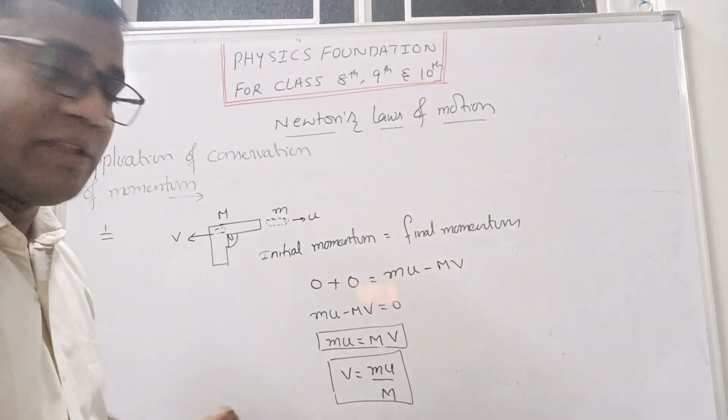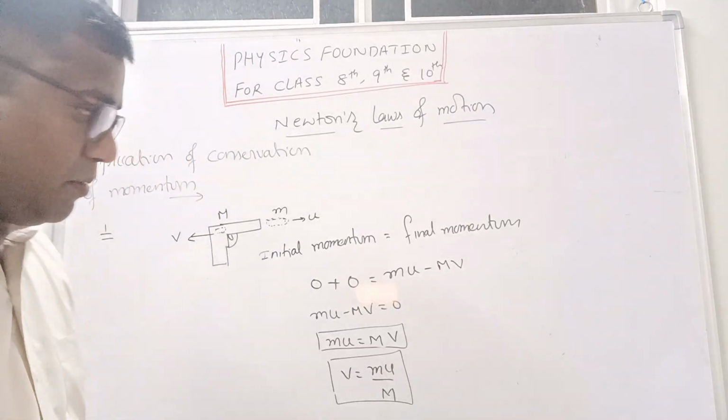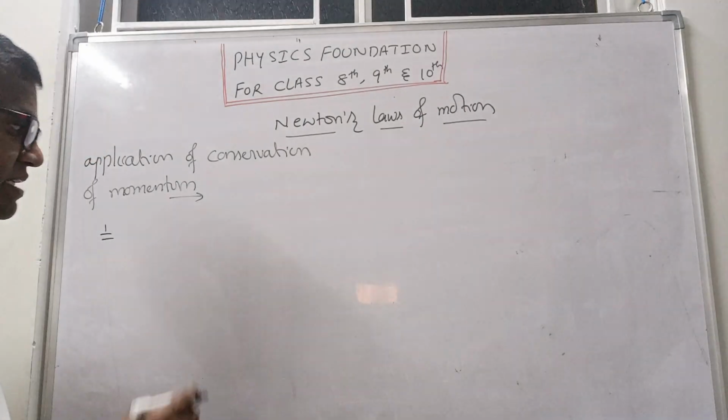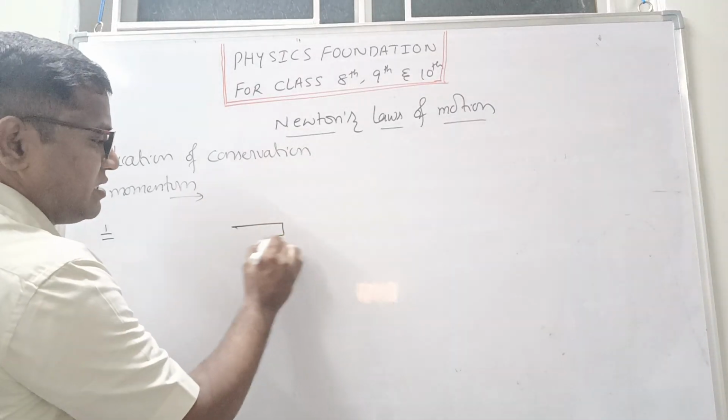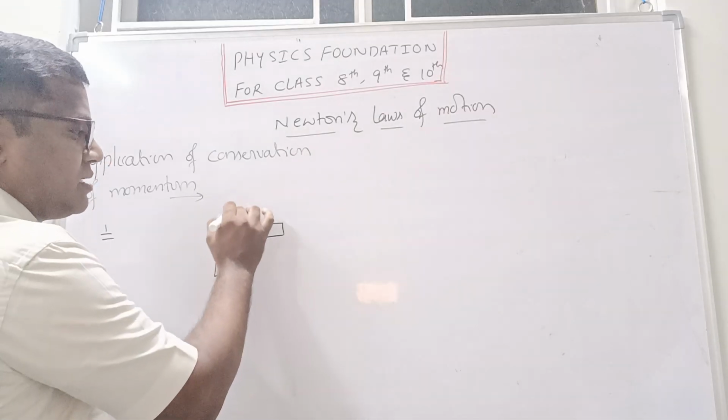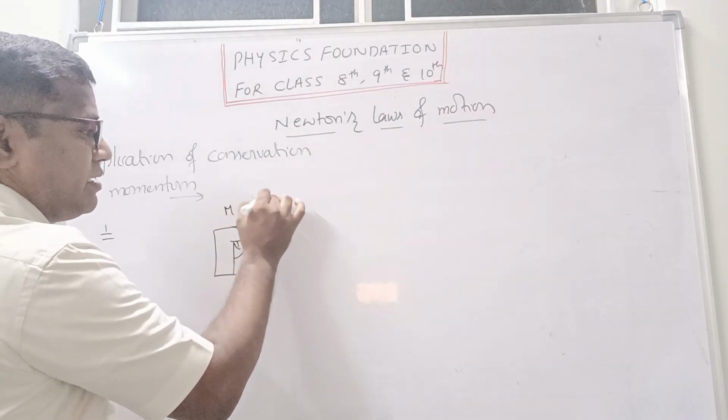Based on this, we'll try to understand a numerical. Make a note. Here a gun is there of mass, for example, 1 kg.